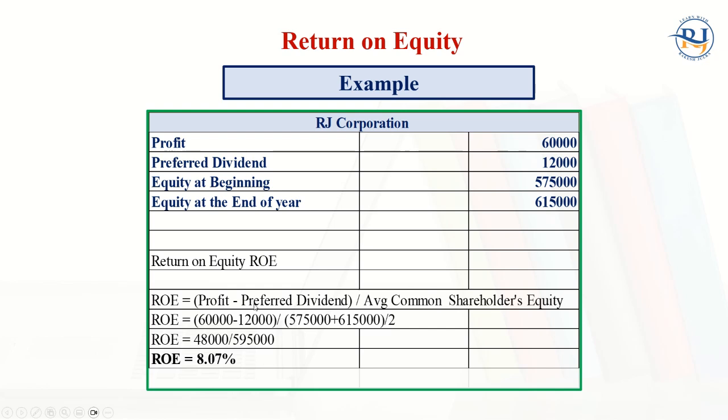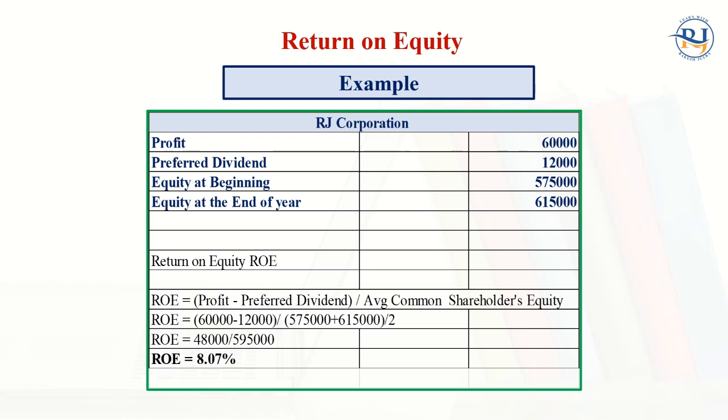So profit minus preferred dividend is $60,000 minus $12,000, which is $48,000, divided by average common shareholder equity. So equity at the beginning plus at the end divided by 2, that is $595,000, which is divided here, and the result will be 8.07%. So this is the return on equity.